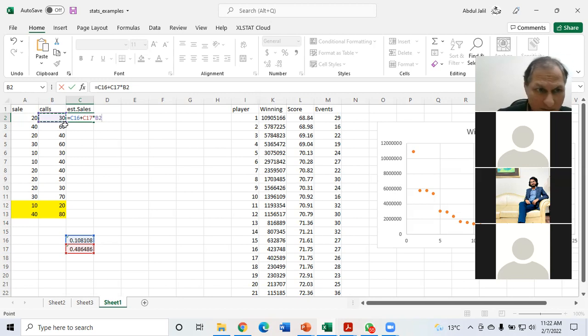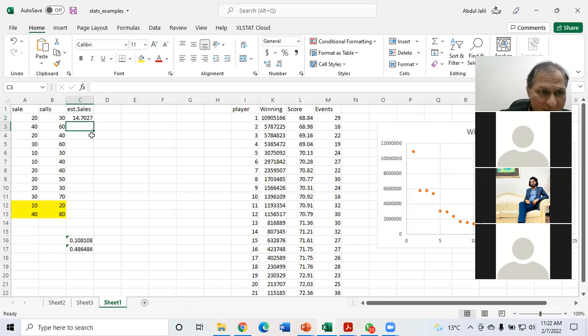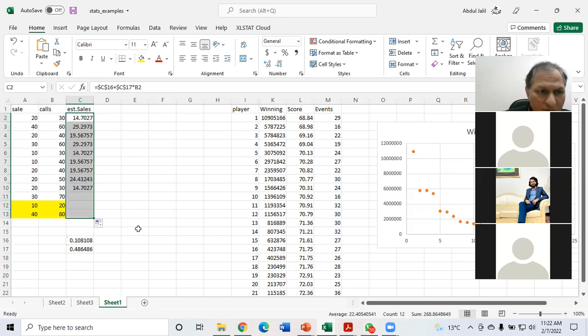And now you have to make one thing which is more important, and that is you have to fix it. F4 will fix this cell, and then again F4 will fix this cell, because if you are not going to fix it, whenever you are scrolling down, it is going to scroll down here as well, right? So the blank column is going to be taken. Just like if I move down, you will get these results, right?